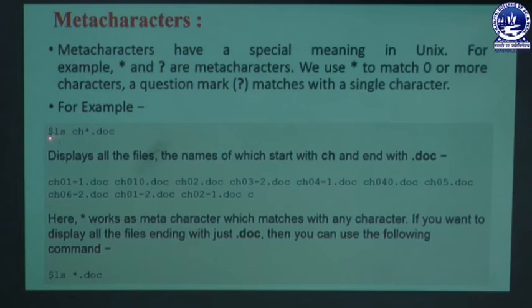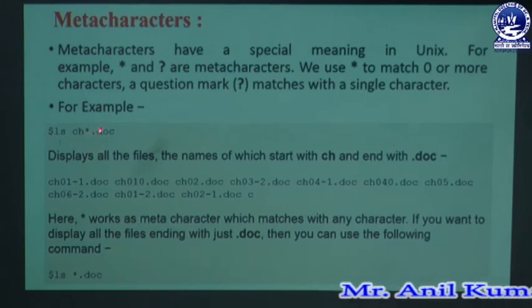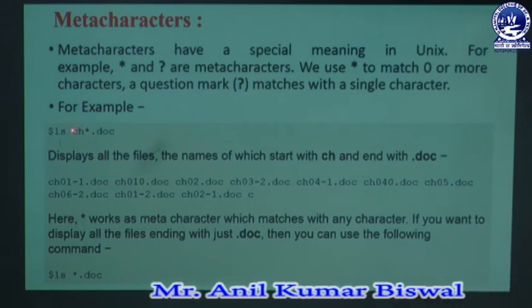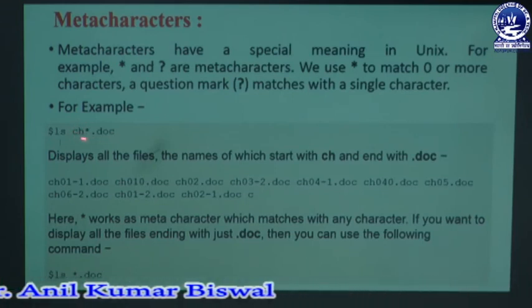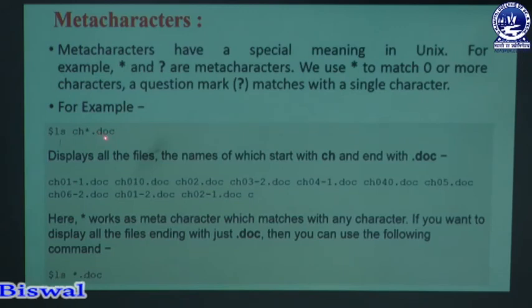Here we use the Unix prompt $, then the listing command ls, then type ch. The ch is the first two characters of a file. Star, star means I have no idea about the next part of the name after ch. This command is for a type of file, meaning a document file, a .docx file.